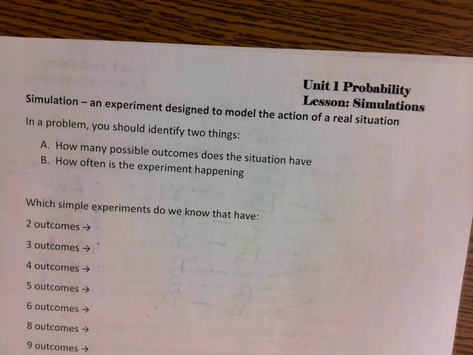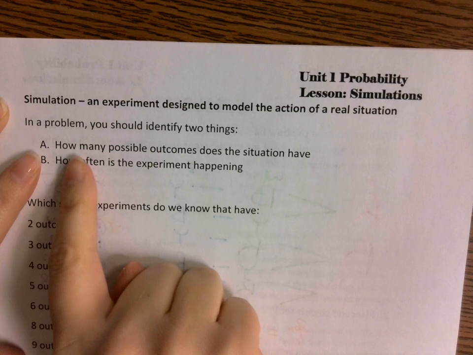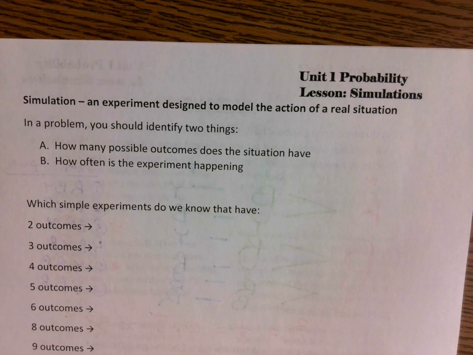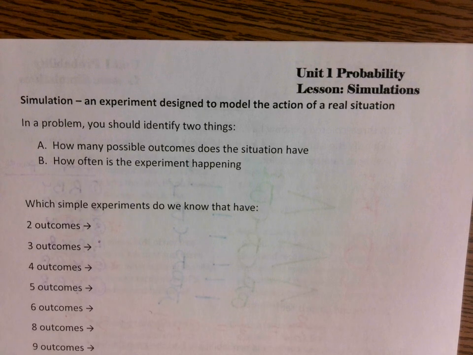When you're trying to create a simulation, you should identify these 2 things. You need to know how many possible outcomes this real-world situation has, and then how often this real-world experiment or situation is happening.